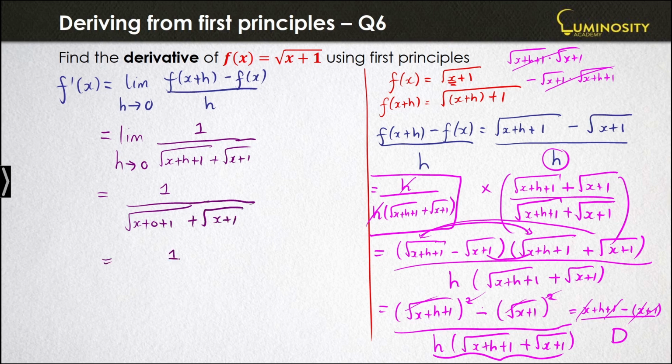So in my denominator, that becomes the root of x plus 1 plus the root of x plus 1. I have two amounts of the same term, so I have 1 over 2 times the square root of x plus 1. Again, you can see it's very similar to that root x one. It's 1 over 2 times that function now.